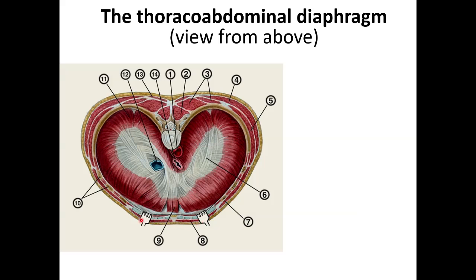The anterior part of the chest is here. The ribs are here. So the patient is lying on the anterior abdominal wall.